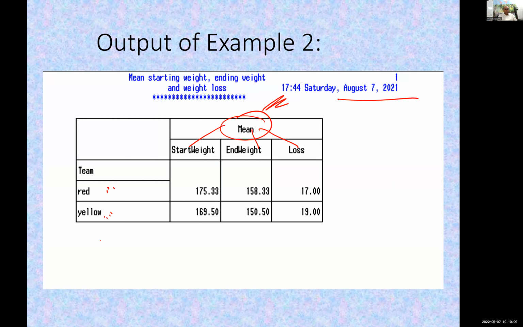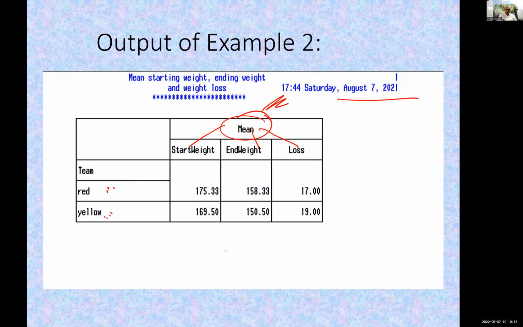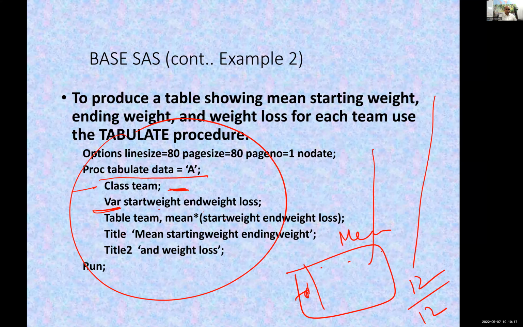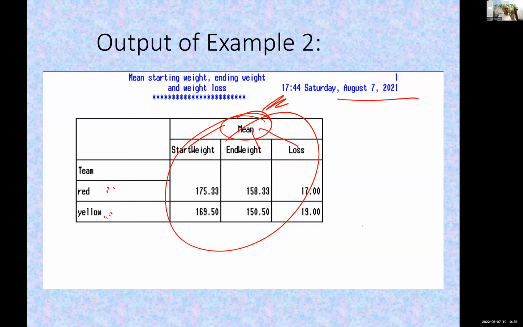So if I want to get just this output, how many lines are required here? Just only proc tabulate data is equal to A, class is this much, variable is this much, table is this much. This is okay. Whatever you are typing, you are going to get. Just only 3 or 4 simple lines is enough.